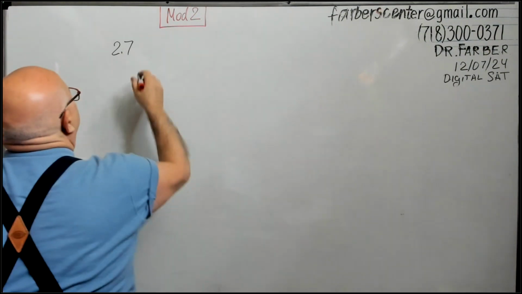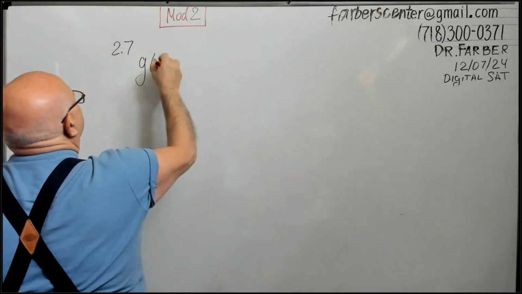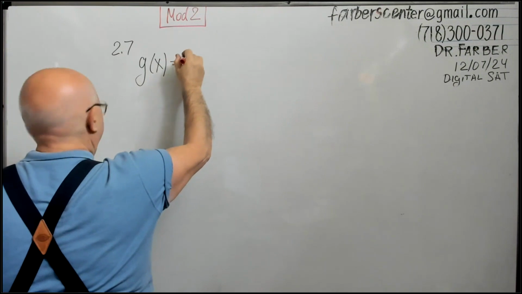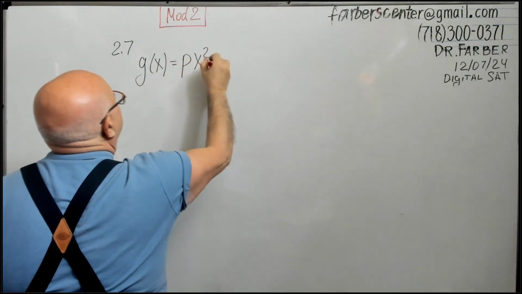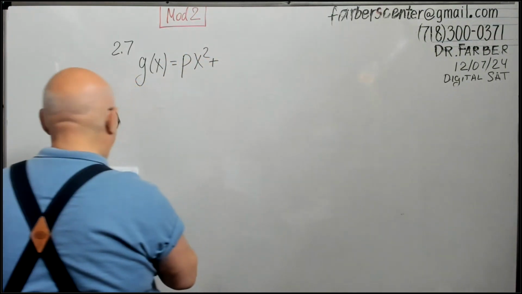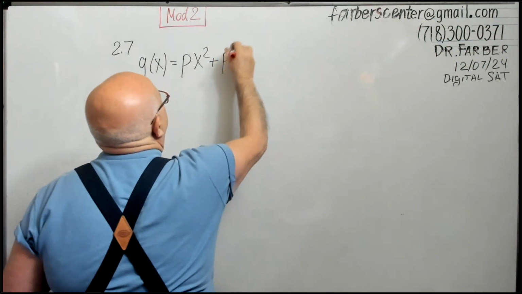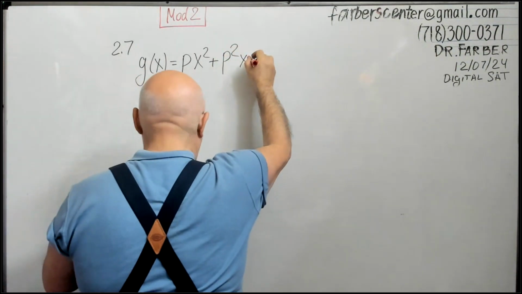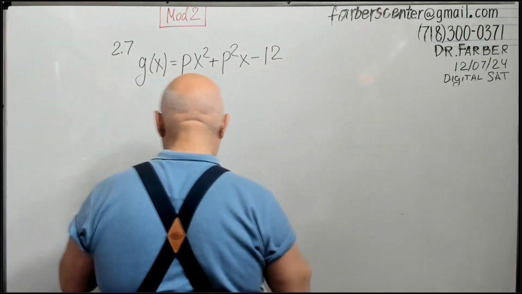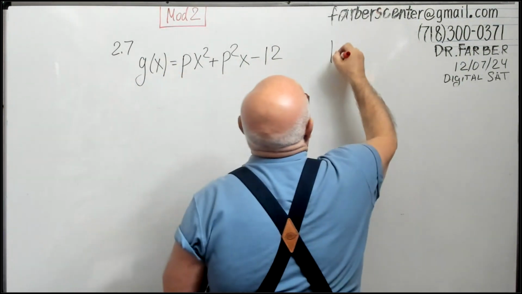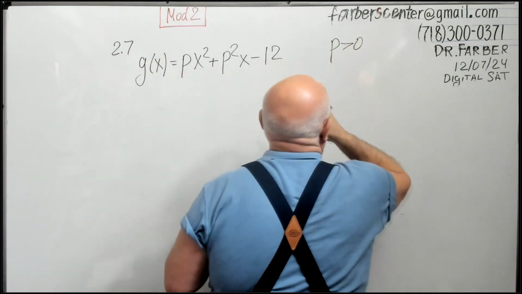You have g of x given as px squared plus p squared x minus 12. They said p is greater than 0.